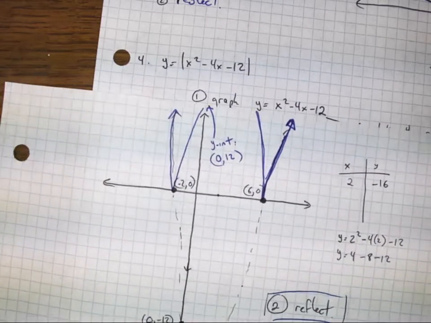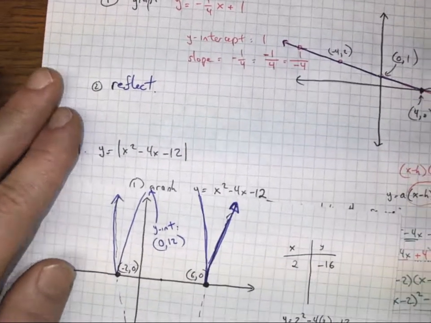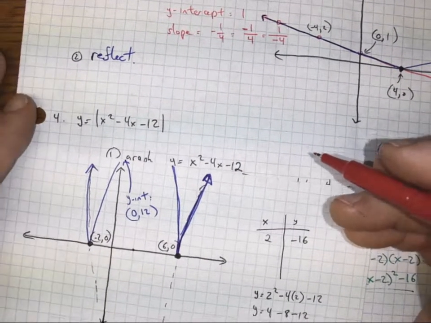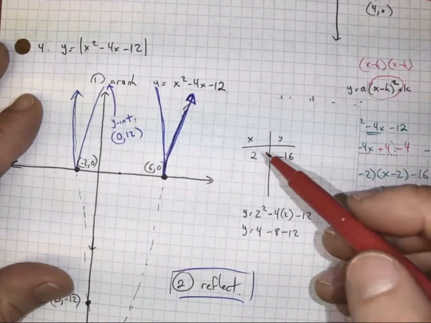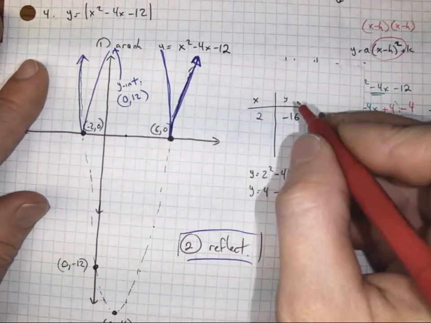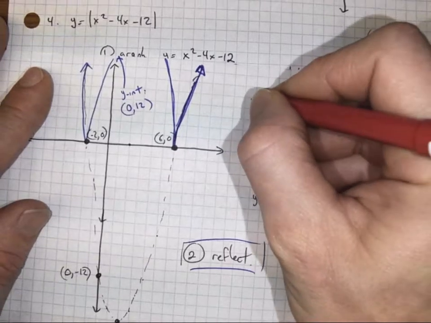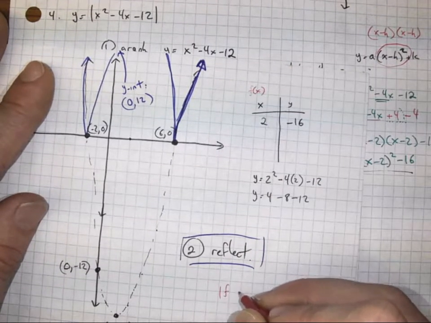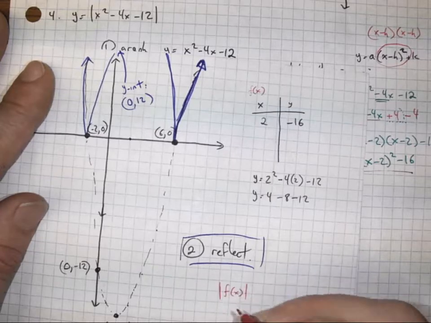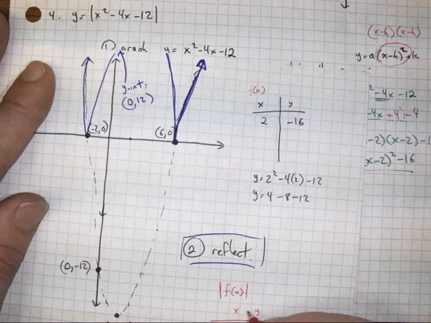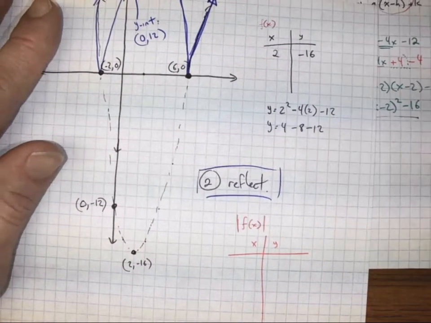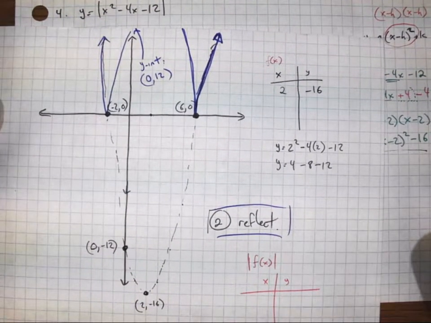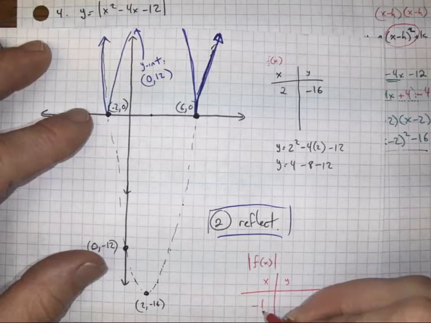All right, and I could test those values if I want. I could test what happens when x is 1. And I'm not going to use the same table of values because this was for my original f of x. And now I'll just do the absolute value of f of x table of values. Oops. So let's choose a value randomly. Let's say negative 1.